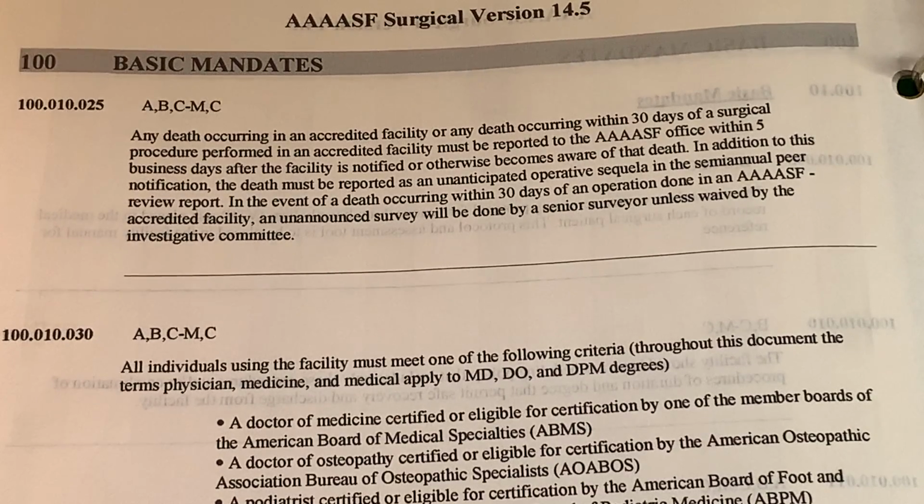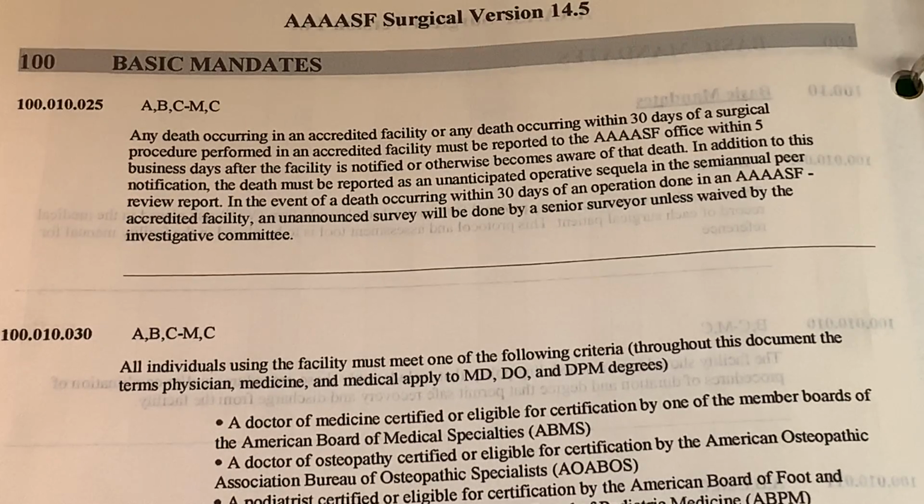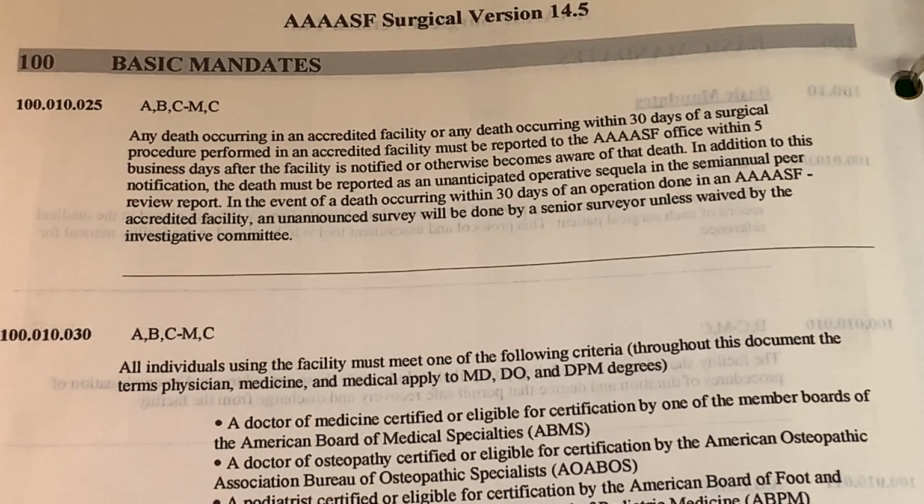Any death occurring in an accredited facility or any death occurring within 30 days of a surgical procedure performed in an accredited facility must be reported to Quad A within 5 days after the facility is notified. So post-op, if somebody had a comorbidity that didn't work well, you need to make sure that you're documenting and charting, and your physician's return to clinic office visits, right?